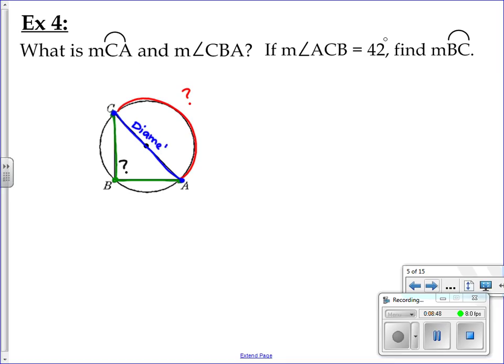And I know it's the diameter because it's going through the center. So you got to think back to what we talked about yesterday. What does a diameter do to a circle? Well, it splits the circle into 2 semicircles. So this entire part of the circle is half of 360, which we know is going to be 180 degrees. So that is actually the measure of the arc, CA.